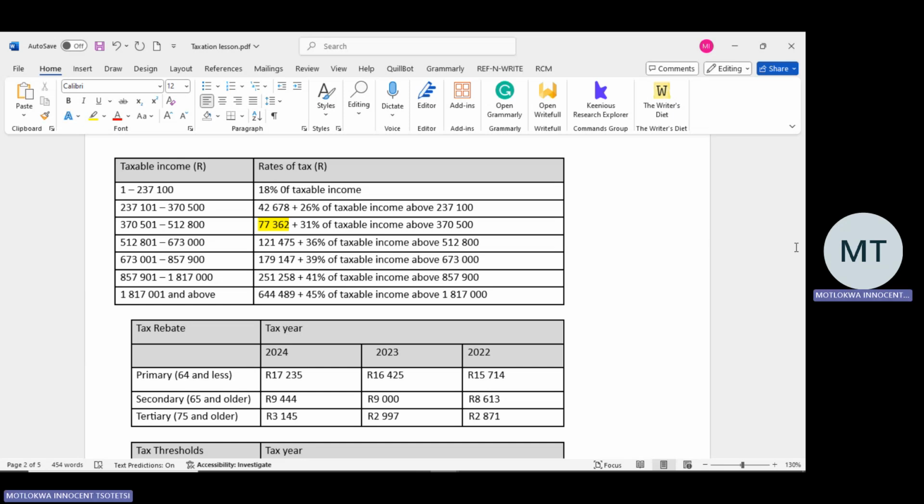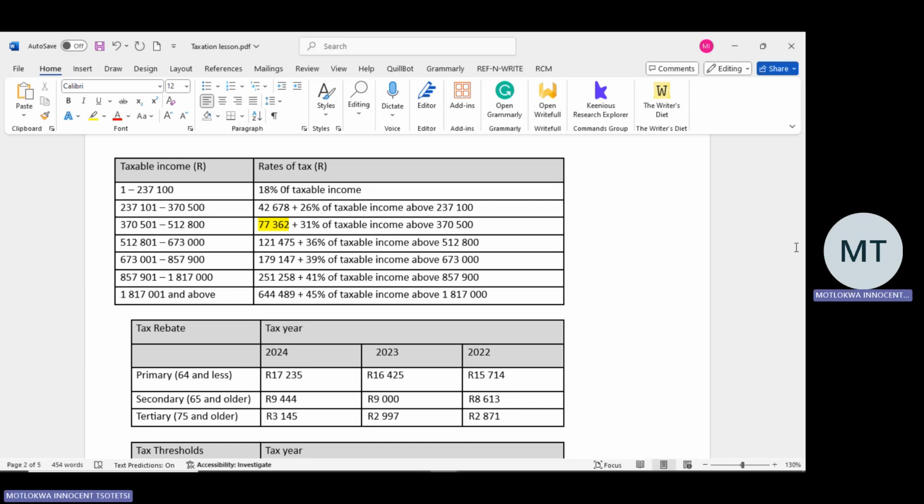So you are going to use tax bracket number 2 in order to find the answer for tax bracket number 3. We are going to use the 42,678 on tax bracket number 2, and also the percentage of 26%.